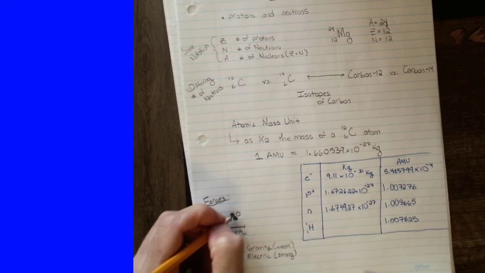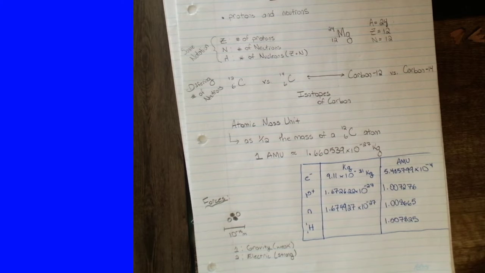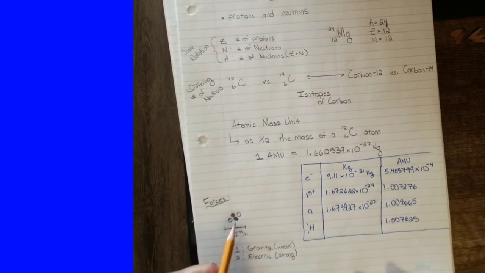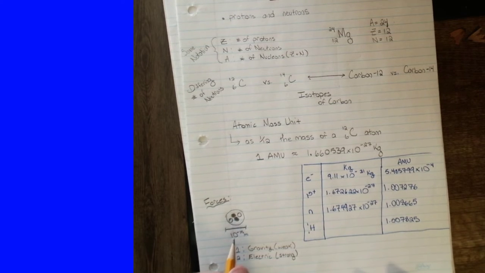So these two protons are going to want to push against each other. What's really important about that is that, well, they are pushing against each other, but there's something else that's kind of holding this whole thing together, this nucleus, if you will.